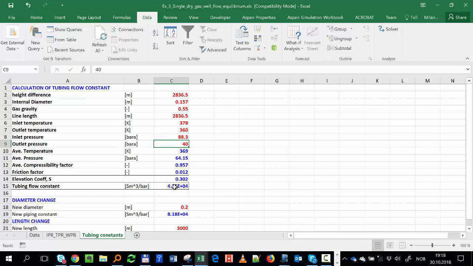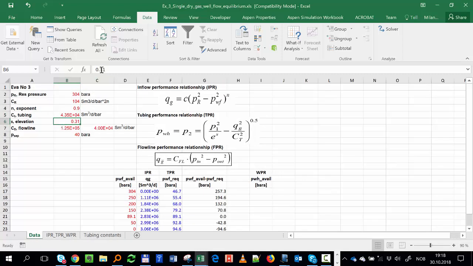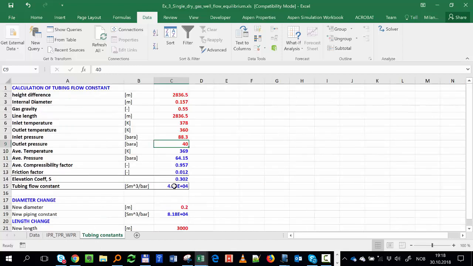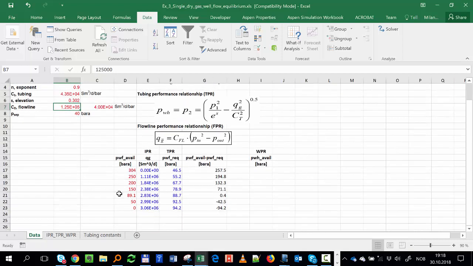So I have to change the numbers now. 302 is S, and CT is 435. Okay, you see now that the solution I had before, 88.3, doesn't give me 0 anymore. It gives me minus 0.5. So I have to repeat this over again to find the intersection.